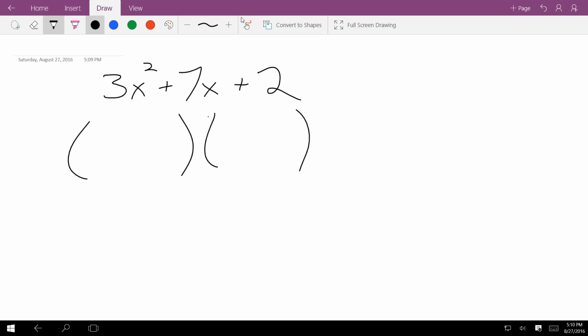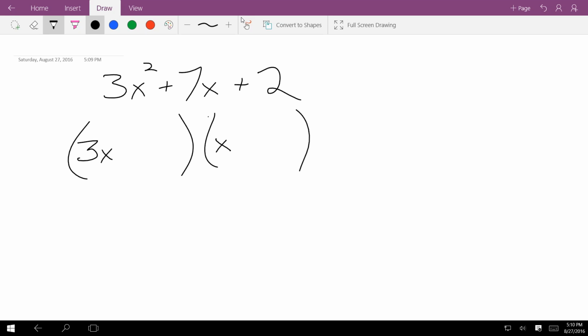How am I going to break it up? Maybe just do 3x times x. That's the only choice. You never leave the x squared in one spot. You always break up the x's, and the only factors of 3 are 3 and 1. So I could have written the x over here and 3x over there, but that doesn't matter much.